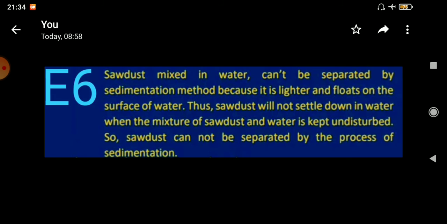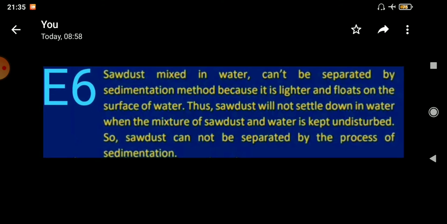Thus sawdust will not settle down in water when the mixture of sawdust and water is kept undisturbed, because वो dissolve ही नहीं हुआ, it is very light. For the sedimentation process, something must be heavier than water so that it will settle down. But if something is lighter, it will stay on the upper layer only. So sawdust cannot be separated by the process of sedimentation.